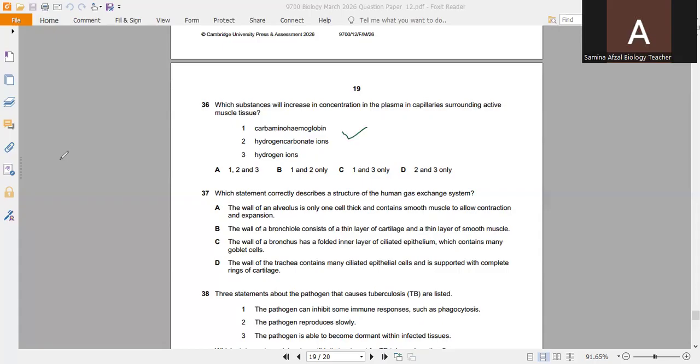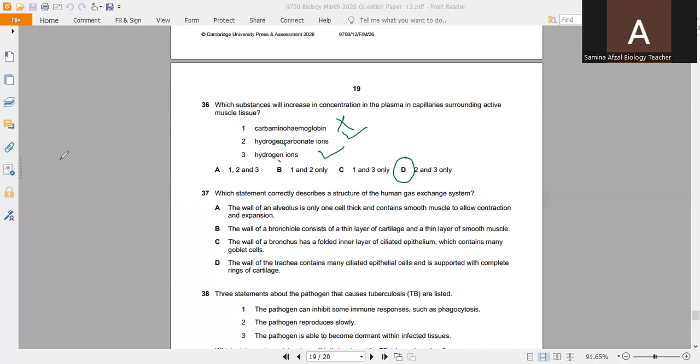So hydrogen ions and hydrogen carbonate ions are there. According to this, the first is not the correct option. So according to these two statements, D is the correct option.